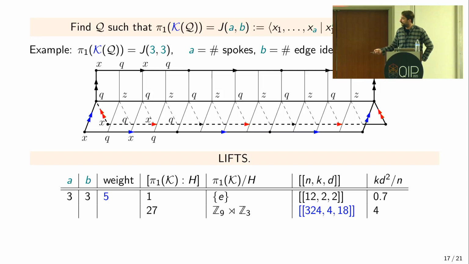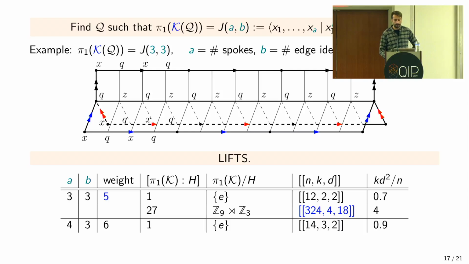So we can see that the lift allowed us to get into this new parameter regime where we have the same distance as a toric code, so it's just like the square root of the length, but we have 2 more logical qubits at the price of increasing the check weight by 1.